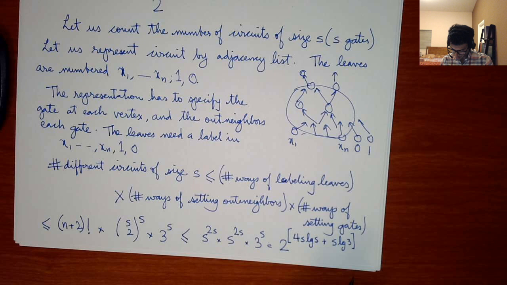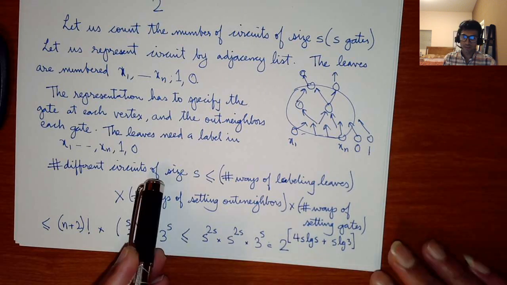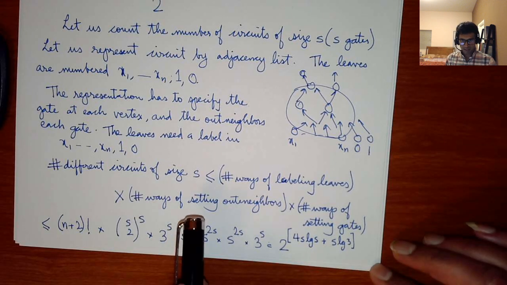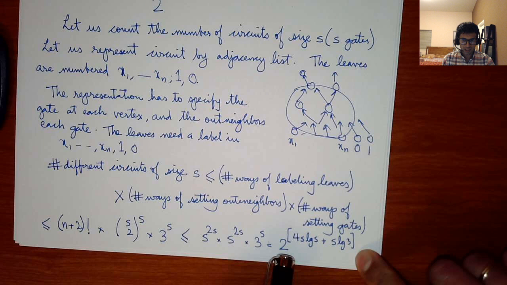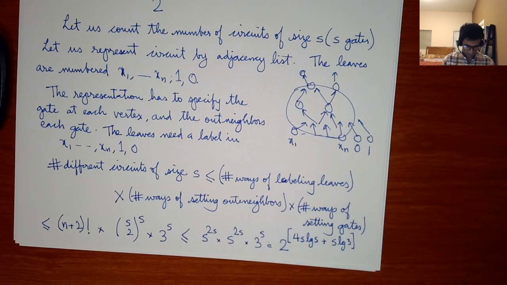Am I doing this right? Yes. So the number of different circuits of size S is at most this quantity. All right. Any questions?